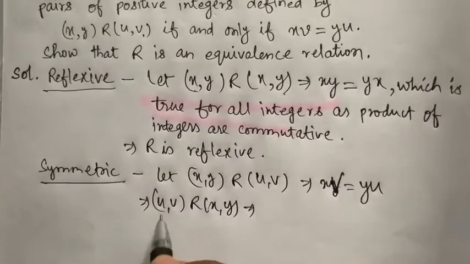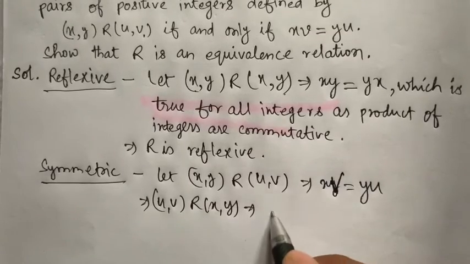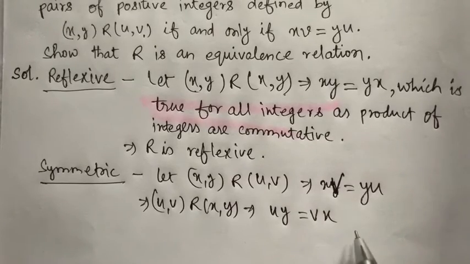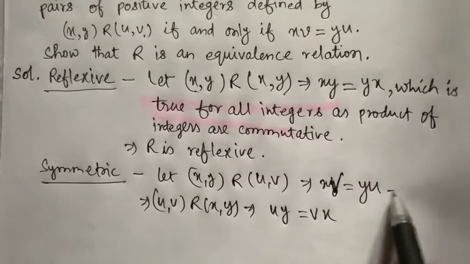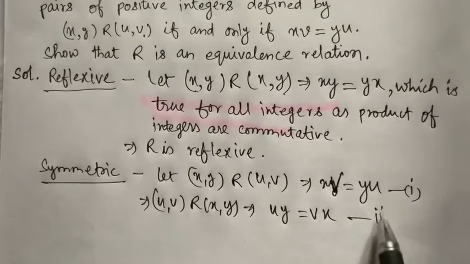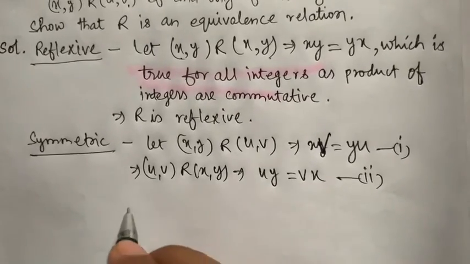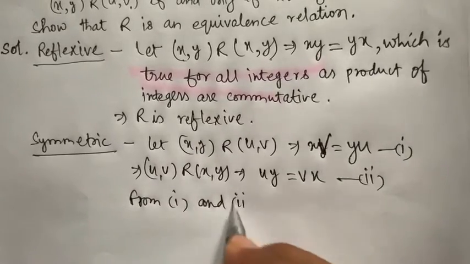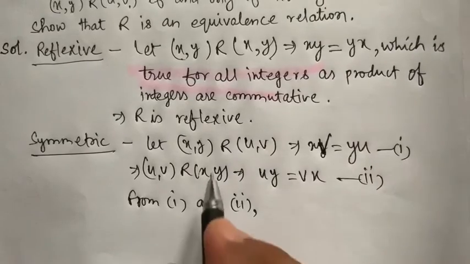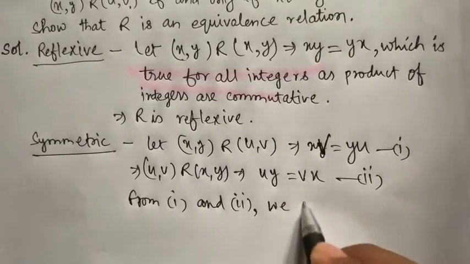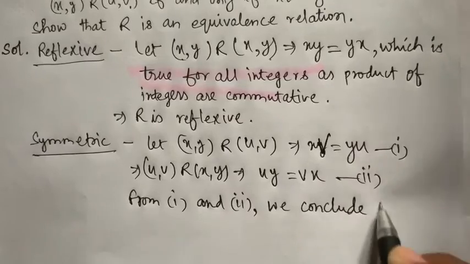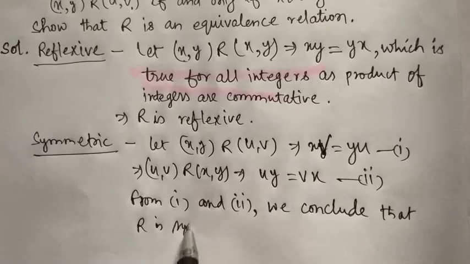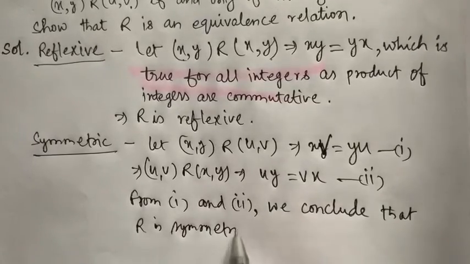We can see by (u, v) R (x, y) we mean uy is equal to vx. (2) Now we can see from 1 and 2, both are same. We conclude that R is symmetric.